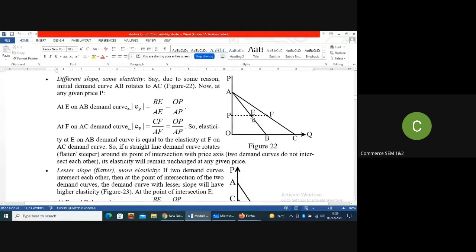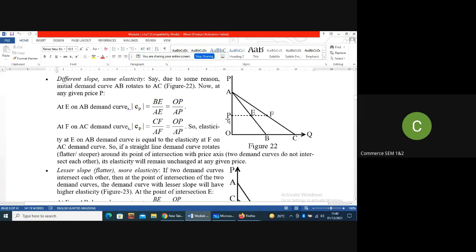So here AB is the original demand curve, and due to some reason, say this AB demand curve rotates to AC demand curve. It rotates in a counterclockwise manner. The AB demand curve has rotated like this to become AC.